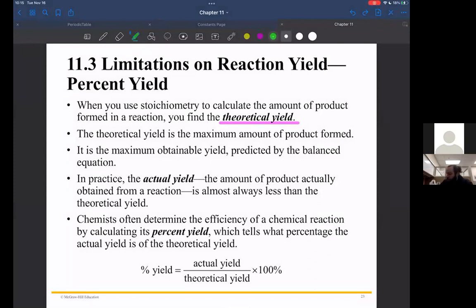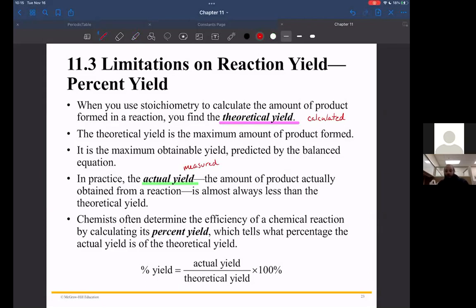So we have our theoretical yield, which is what we calculate, and we compare this to the actual yield that we get at the end of an experiment. This is what we measure in the lab using our balance, for example. Right? So again, theoretical yield is calculated, and the actual yield is something that would be measured in the lab. Okay.